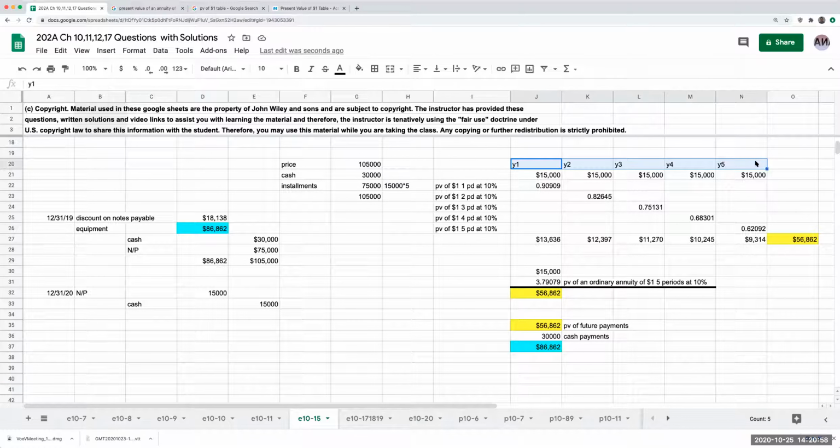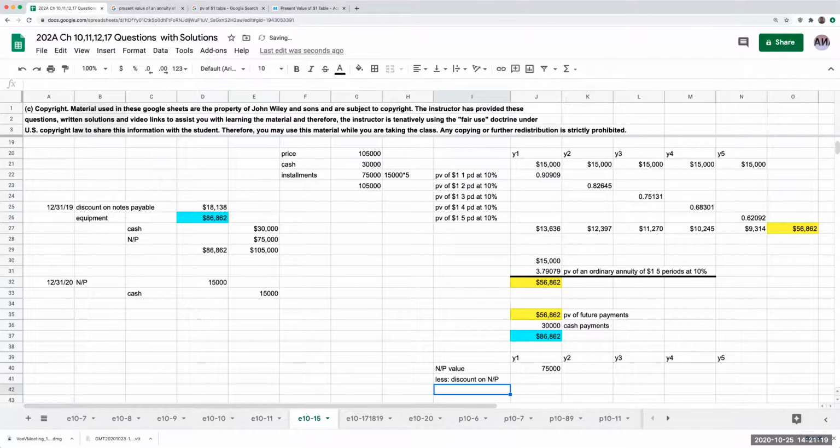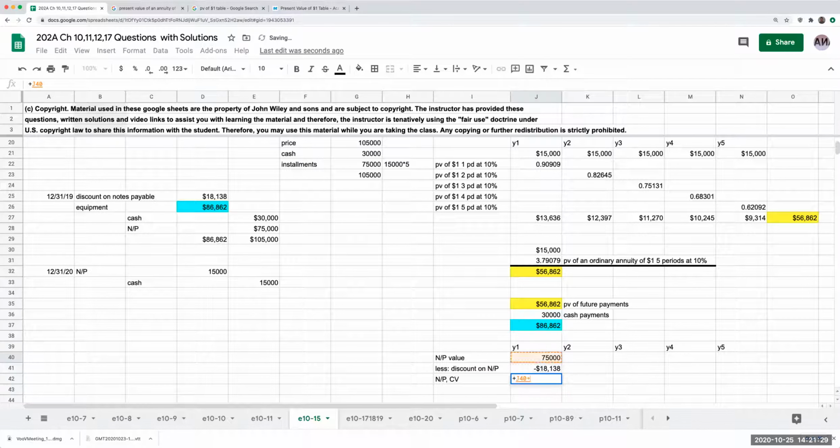So my note payable value, or my carrying value of my note payable, as of year one, this would be 75,000, prior to the payment, less my discount on notes payable. My discount on note payable was over here at 18,138. So my note payable carrying value is going to be 56,862.